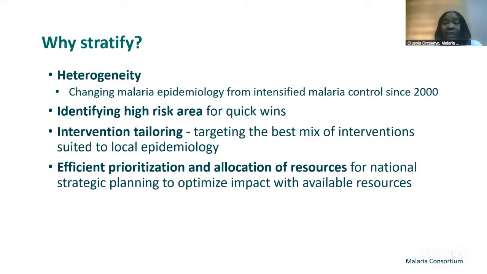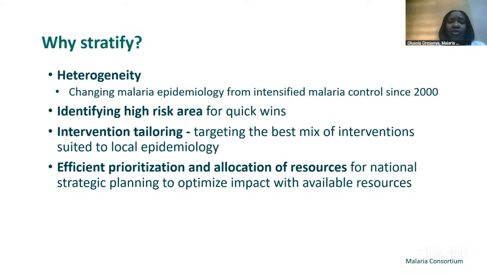So what that means is that we cannot continue to use one blanket intervention everywhere, one size fits all. We just do bed nets everywhere, or we do case management everywhere. So it's important that we stratify, because malaria's epidemiology has become heterogeneous.